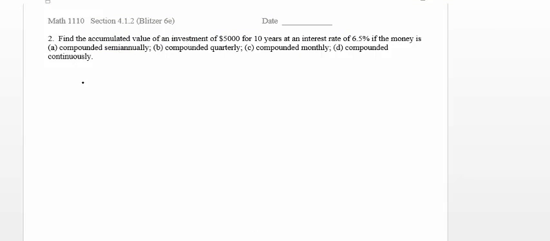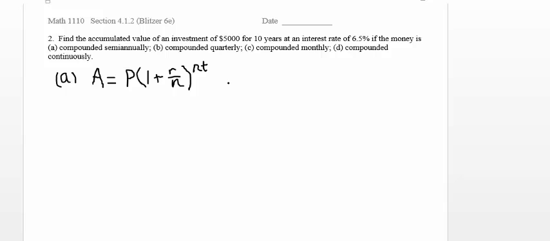Let's look at this problem where we want to find the accumulated value of an investment of $5,000 for 10 years at a rate of 6.5% if the money is compounded semi-annually, quarterly, monthly, and finally continuously.